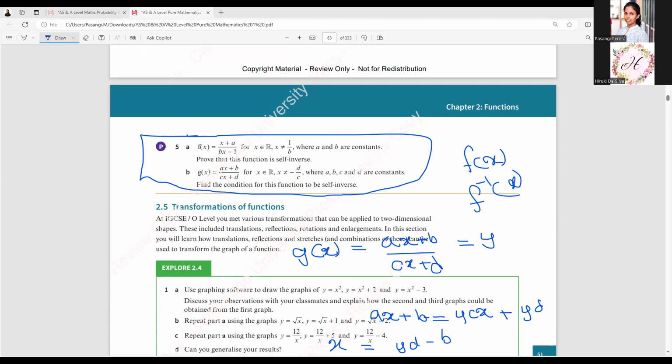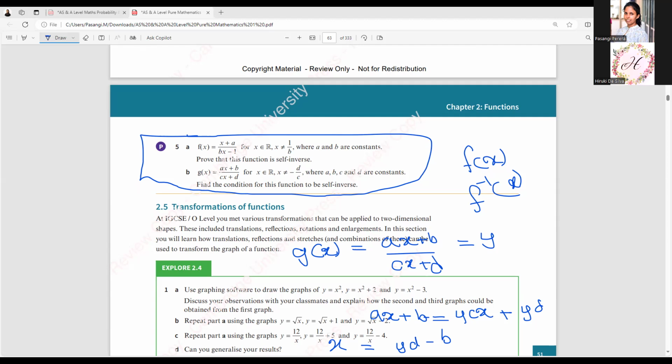For the conditions, once you equate the numerator equally and the denominator separately, in order to achieve these conditions, both should equal x actually.